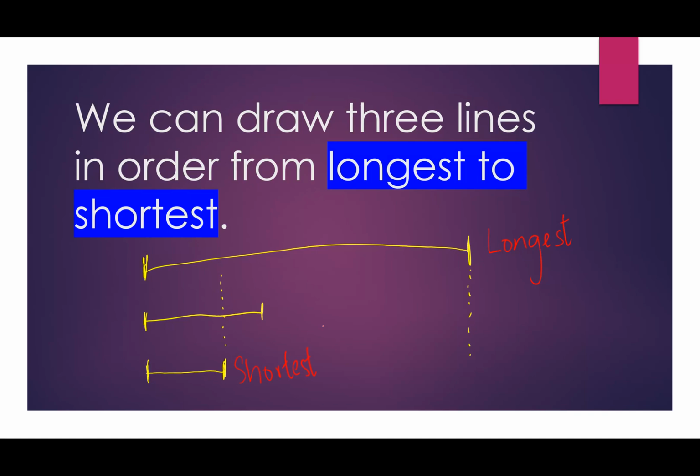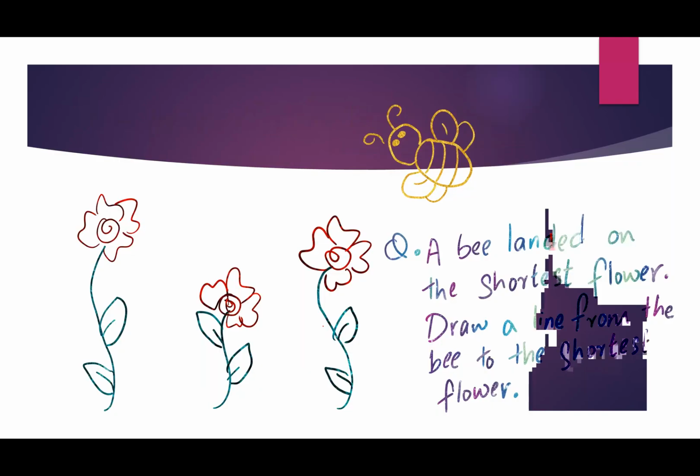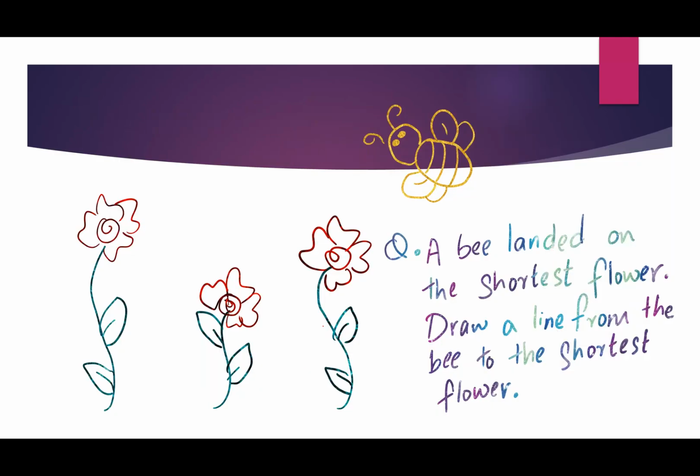Now you understand how to compare more than two objects? Now, there's one question here. Let us solve it and then we'll begin with the lesson. Let me take my pointer here. A bee landed on the shortest flower. Draw a line from the bee to the shortest flower. Can you tell me which flower is the shortest?